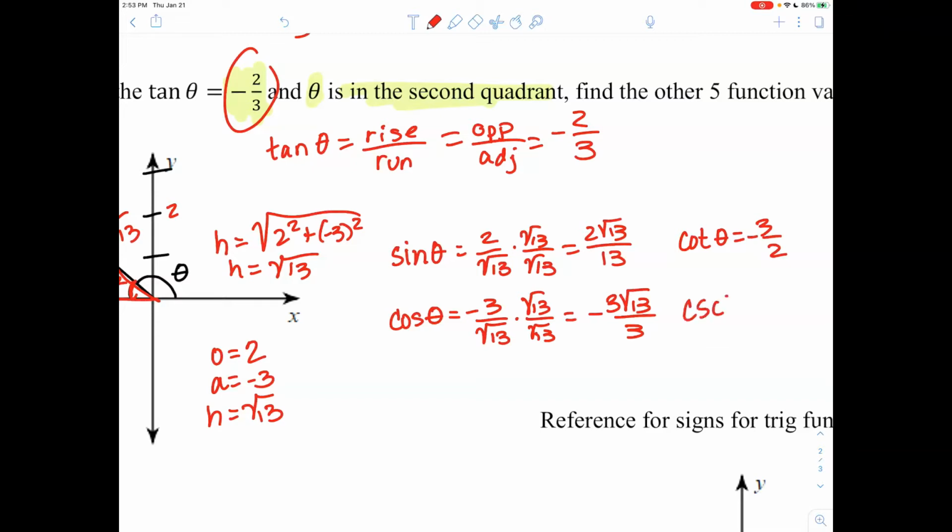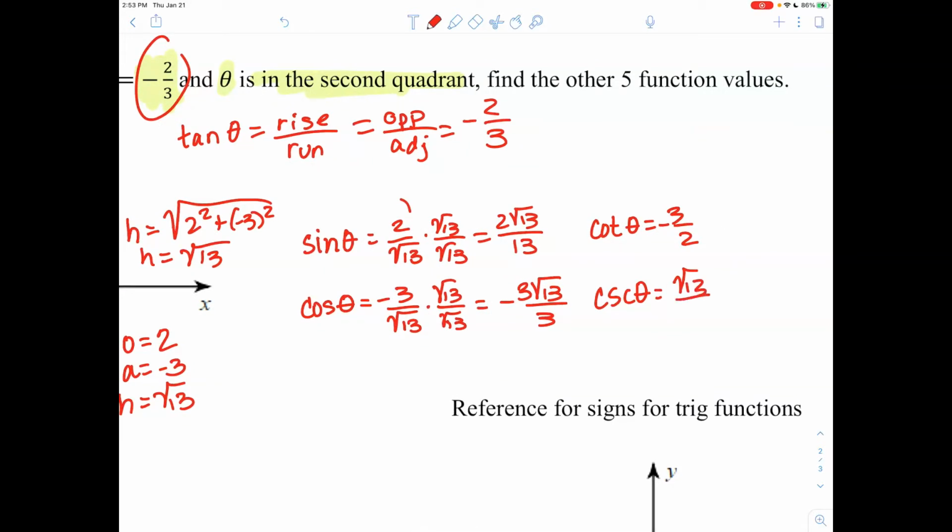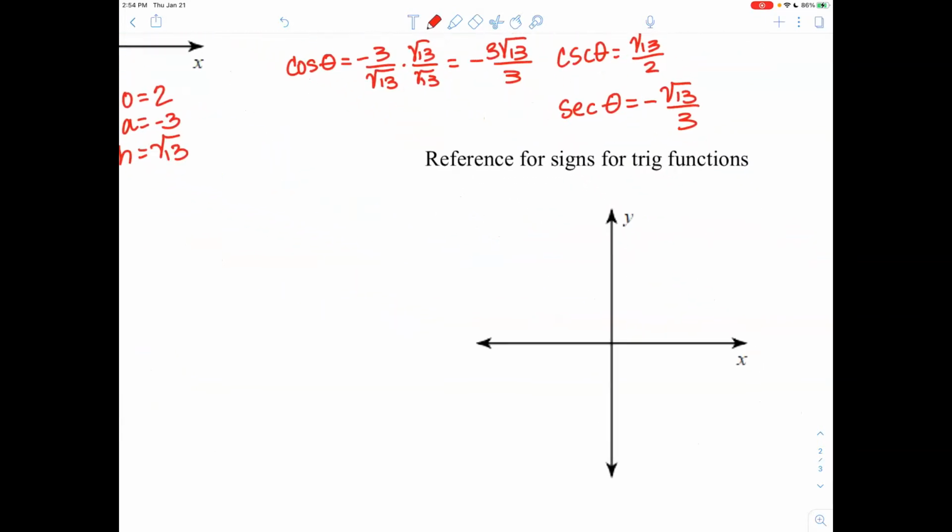Cosecant, we'll flip over the sine. So that's the square root of 13 over 2, and then the secant of theta would be negative square root of 13 over 3.